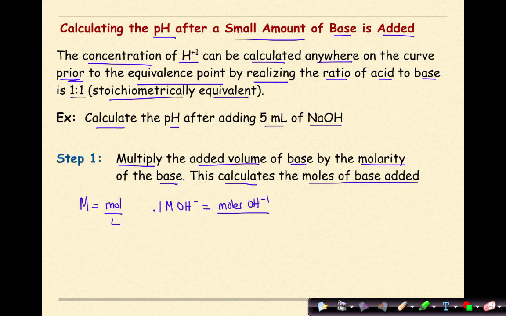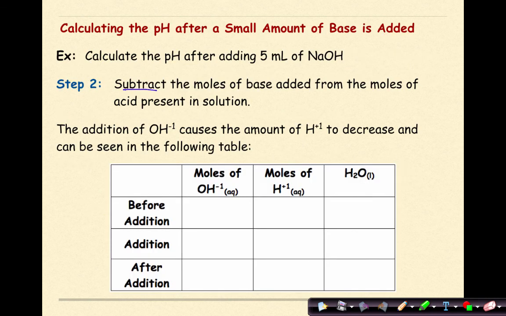So we need to change that into liters, so that's 0.005 liters. So we multiply together 0.1 times 0.005 liters, and we're going to end up with 0.0005 moles of hydroxide.